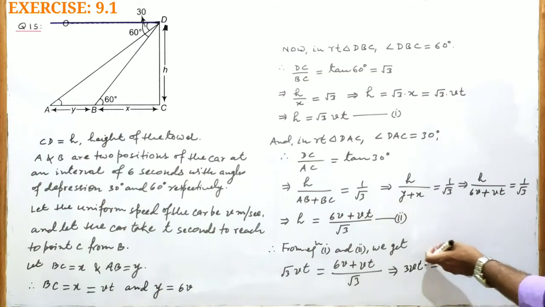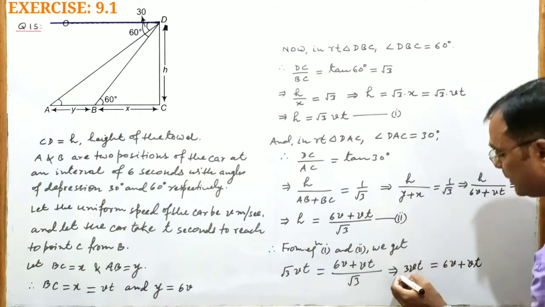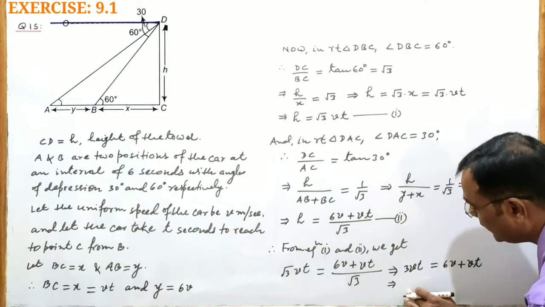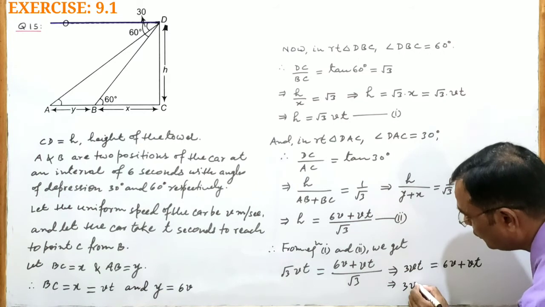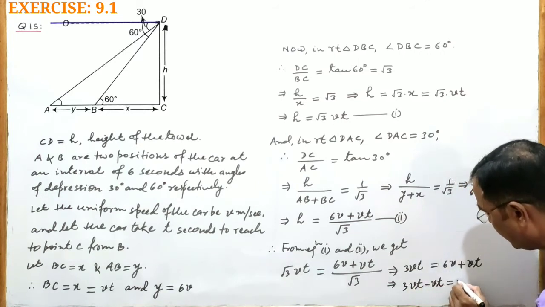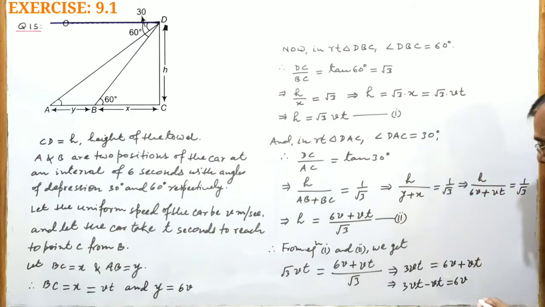Transpose this Vt from right side to left side. It will be 3 Vt minus Vt equal to 6v. So 3 Vt minus Vt is 2 Vt, equal to 6 into V. V cancel.